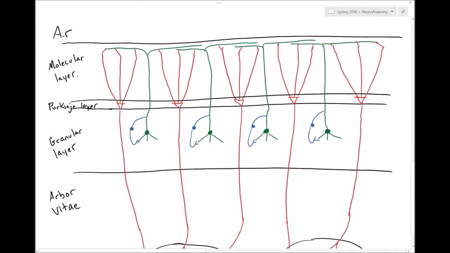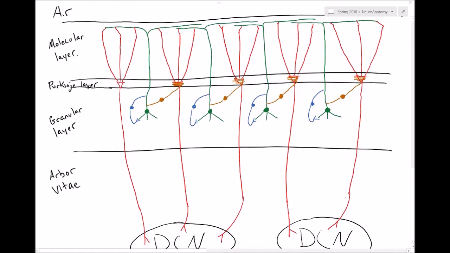Also in the granular layer, we have basket cells. These are excited by the parallel fibers as well and inhibit the Purkinje cells with an axon that wraps around the body of the Purkinje cells. Both the Golgi cells and the basket cells use GABA because they're inhibitory.